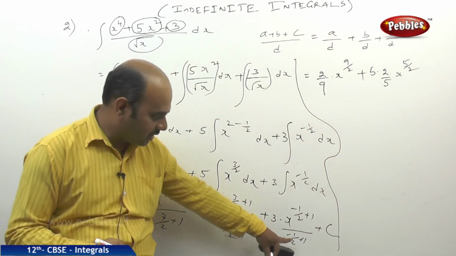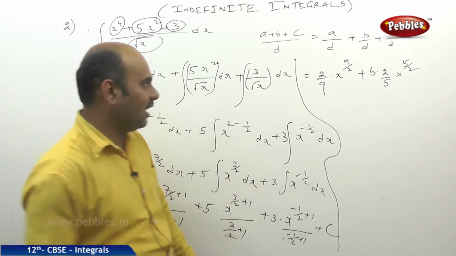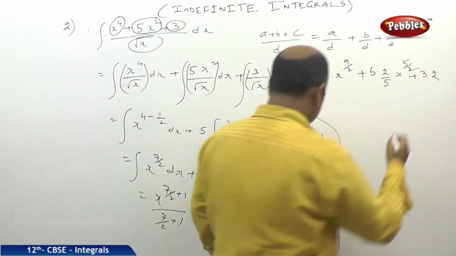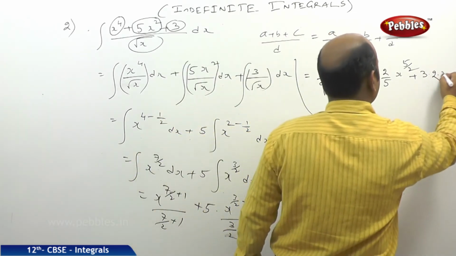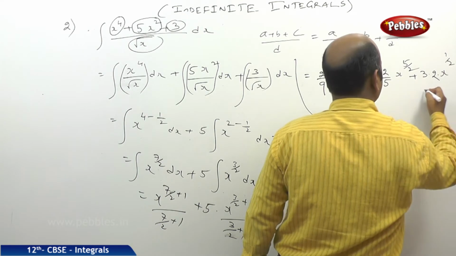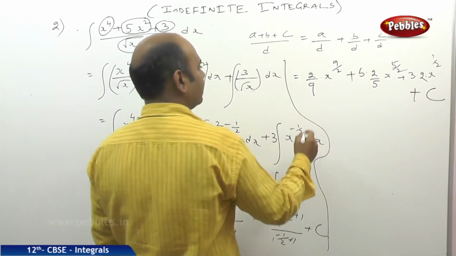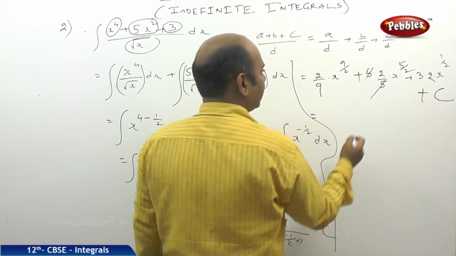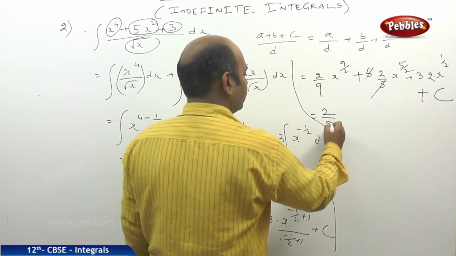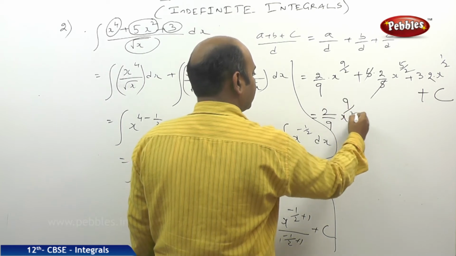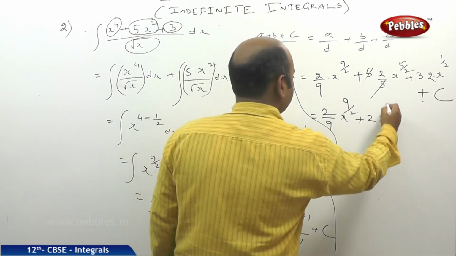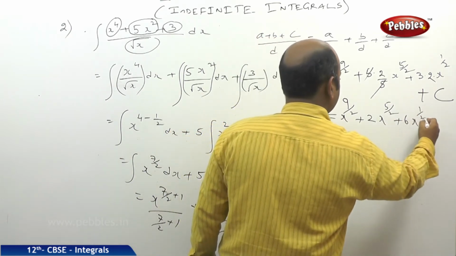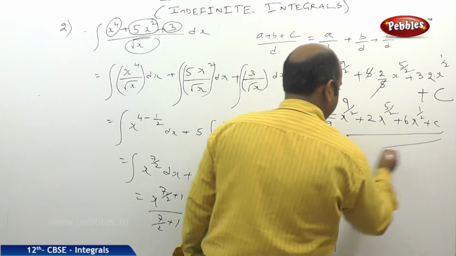Finally here also 3 is there, and minus 1 by 2 plus 1 means half. So 3 into half going up means it turns down to 2, and here x power 1 by 2. Finally I will write plus c. So finally we will manipulate and tell the answer. 5 will get cancelled here. So 2 by 9 x power 9 by 2 plus 2 into x power 5 by 2 plus 6 x power 1 by 2 plus c.